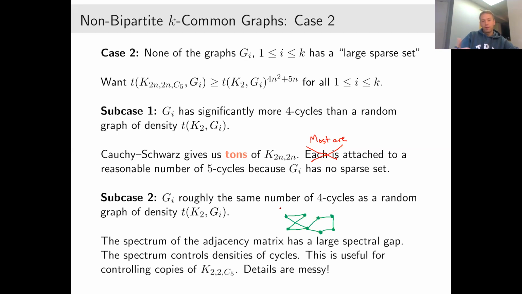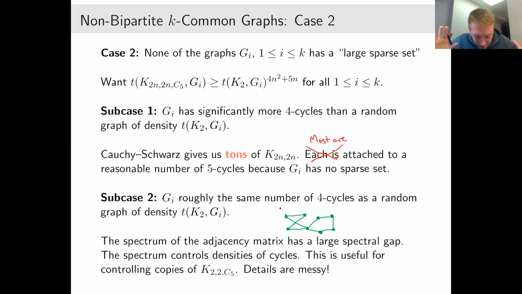Another way to say that the graph is quasi-random, apart from talking about 4-cycles, is that there's a large spectral gap in the spectrum of the adjacency matrix. So the second largest eigenvalue in absolute value is a lot smaller than the biggest one. And the eigenvalues of the adjacency matrix control how many cycles you have of any given length and how they're distributed in the graph.